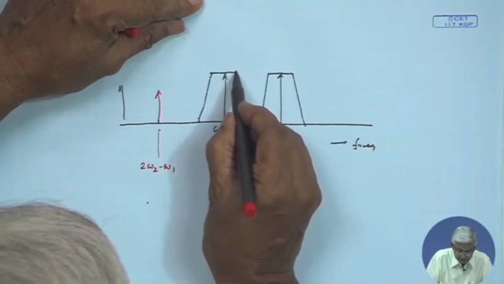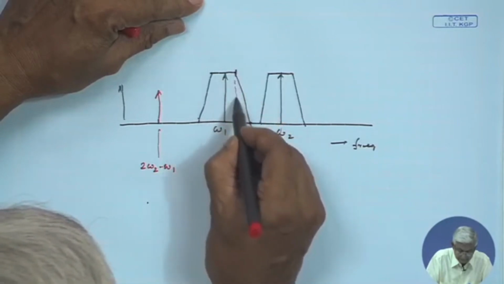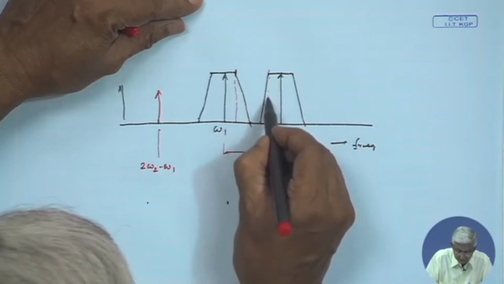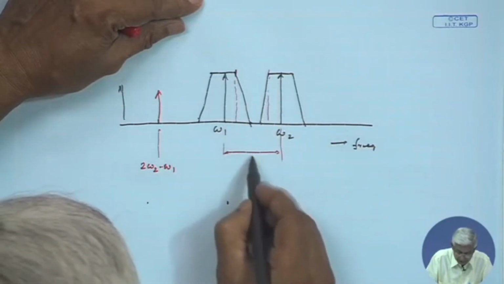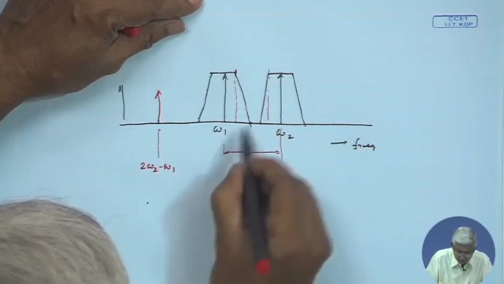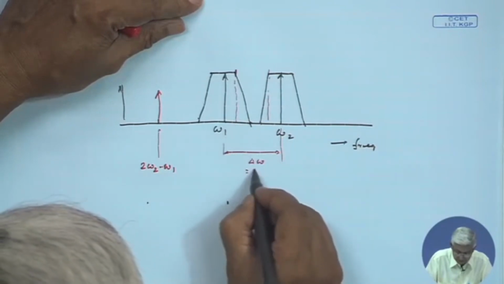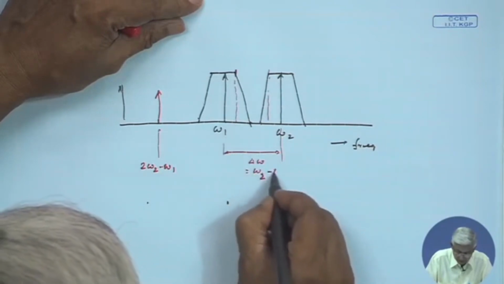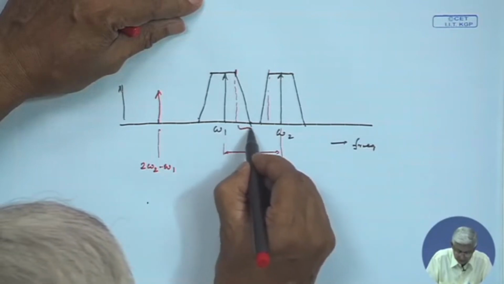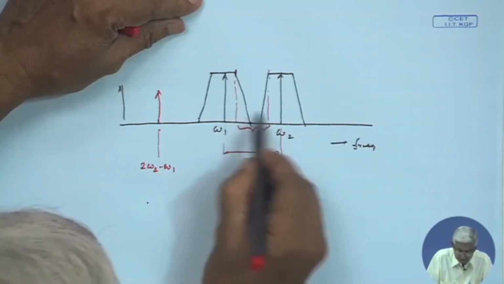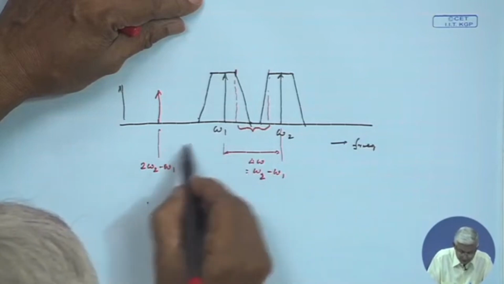Let us assume that this frequency component and this frequency component, they are smaller than delta omega, whatever we have taken, which is omega 2 minus omega 1. They are smaller than this. So, their product will be much closer.